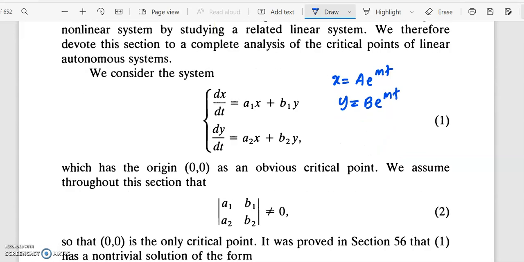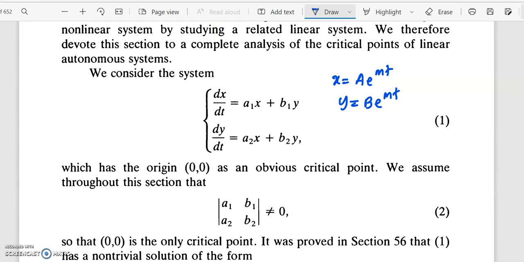Now throughout this section, we'll assume that this determinant is non-zero. That means such a system has only the trivial solution. So when this determinant is non-zero, the only critical point will be the origin 0, 0. So for that, we will make the analysis.